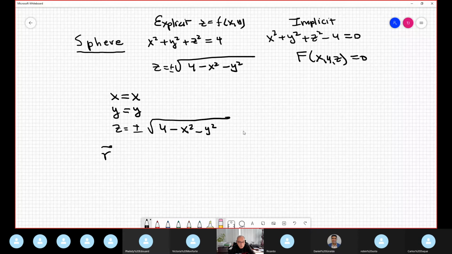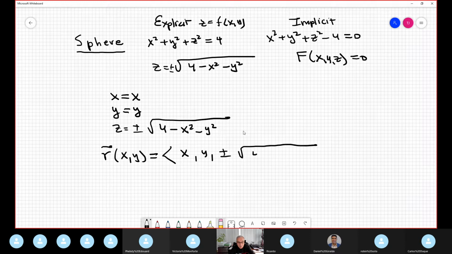Our vector valued function is the vector x, y, plus or minus the square root of 4 minus x squared minus y squared, and close the angular bracket because it's a vector valued function.